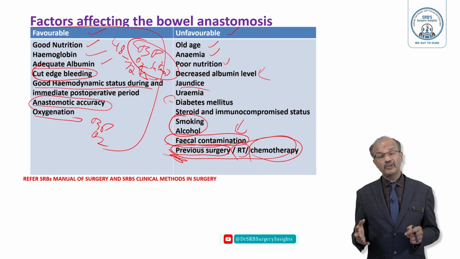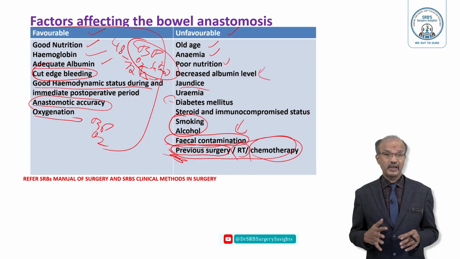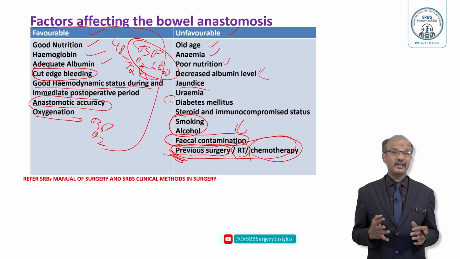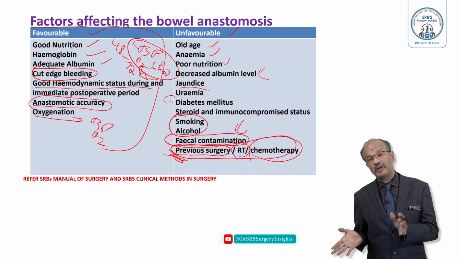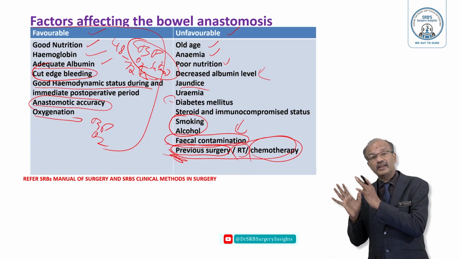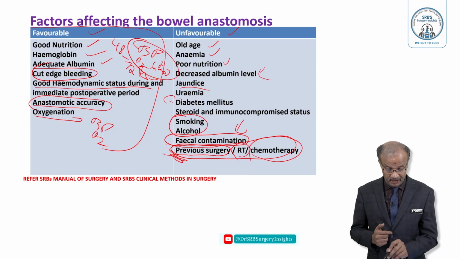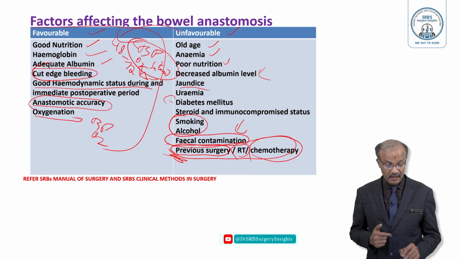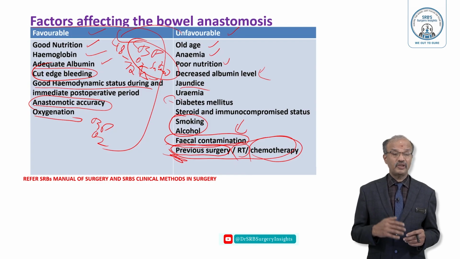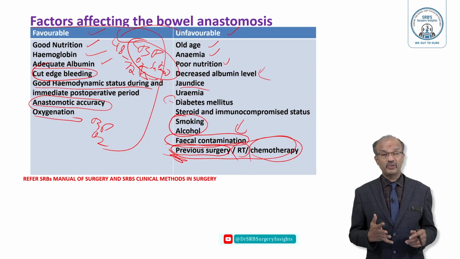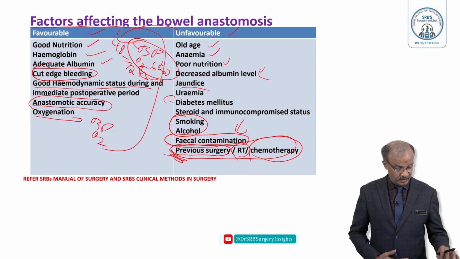Post surgery, try to give albumin, total parenteral nutrition, and packed cells to maintain the hemoglobin, so that you try to create a favorable atmosphere from what we operated on in an unfavorable area. Then whatever you have done may take up as per your requirement, reducing the leak or peritonitis.